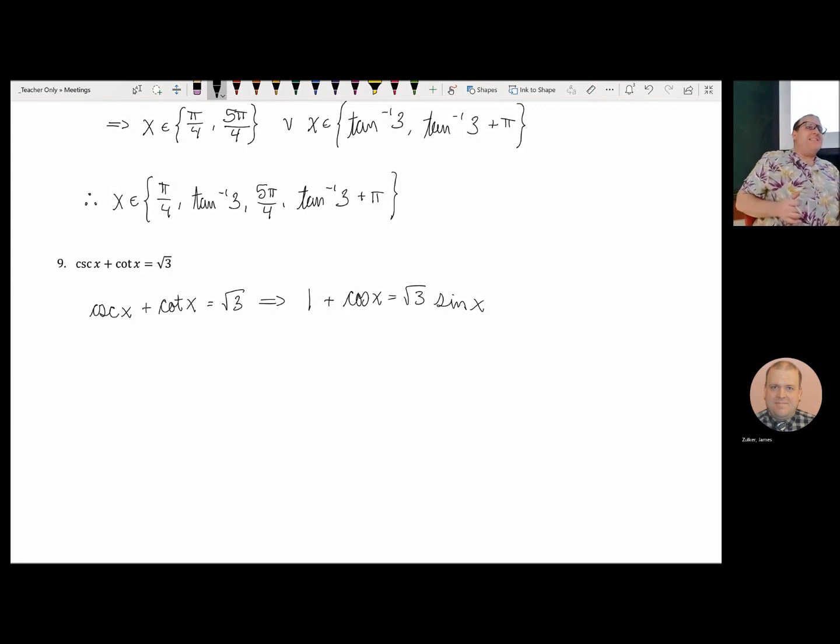Multiply everything through by sine. 1 plus cosine is now equal to √3 sine.